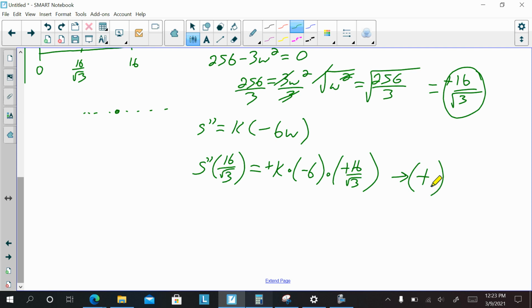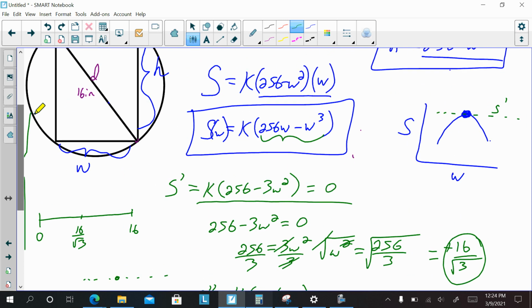I'm sorry, a negative for our second derivative. Positive times positive is negative. That means we are concave down. So since 16 over root 3 is our critical point, and at that critical point we're concave down, then indeed that is a maximum. That is where our maximum occurs.